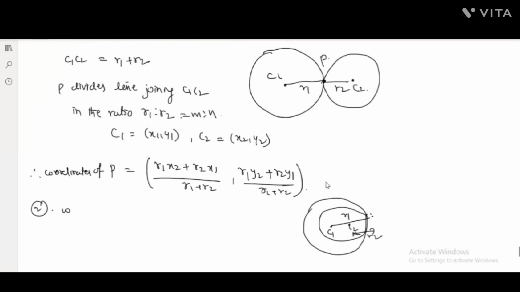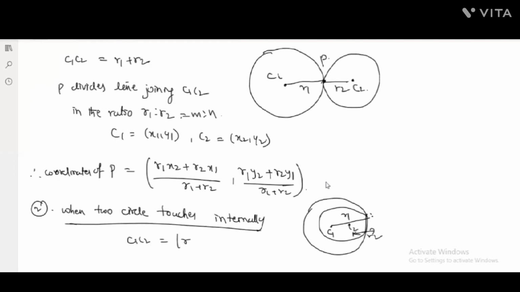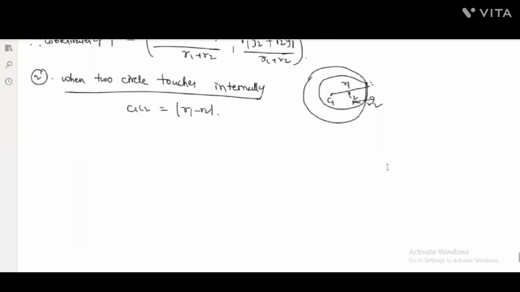So very clearly, when two circles touch internally, we get that C1 C2 is equal to mod of R1 minus R2, which means the distance between the centers is equal to the difference between the radii. So here the point P will be here.